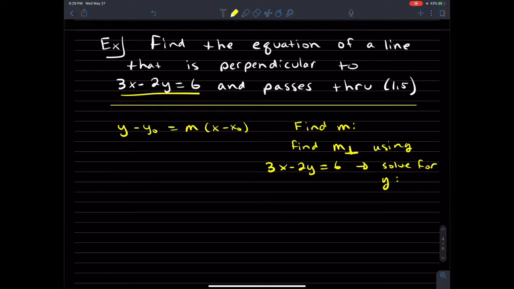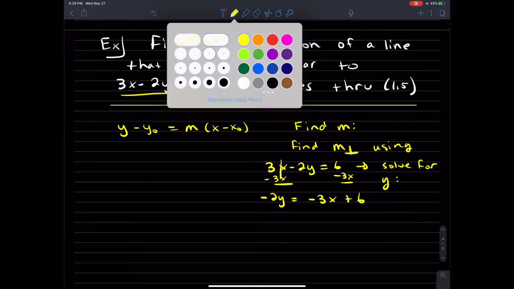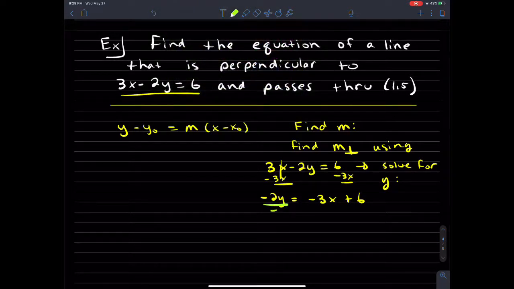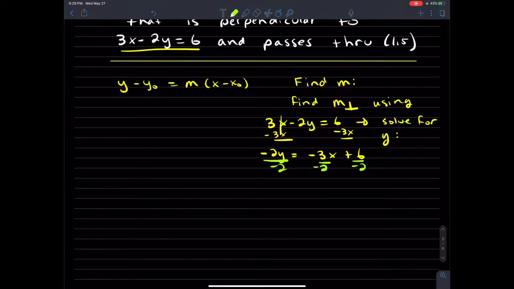So I'm going to subtract 3x on both sides. 3x minus 3x. I get minus 2y is equal to minus 3x plus 6. Divide by minus 2 to every term. And I get y equals 3/2 x minus 3.